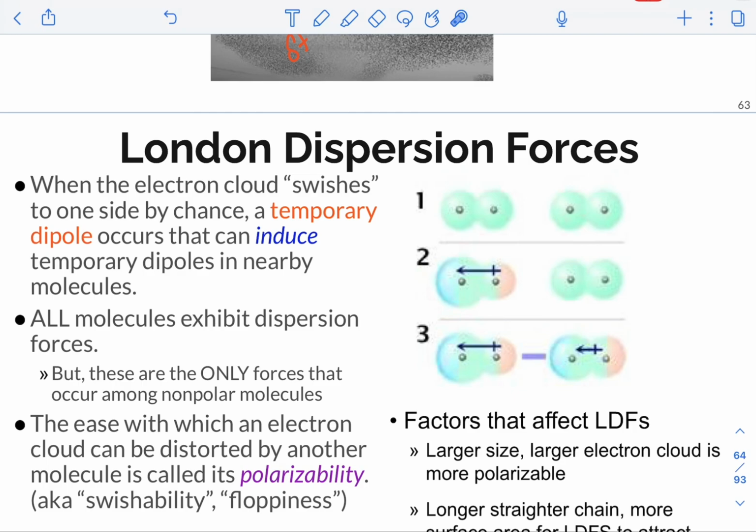And then if you have a longer, straighter chain, okay, and we're going to talk a little bit about that as we go through this video. We have some organic molecules that are very long carbon-hydrogen chains that also will have oxygen thrown in there. The longer and straighter they are, the more LDF there will be.